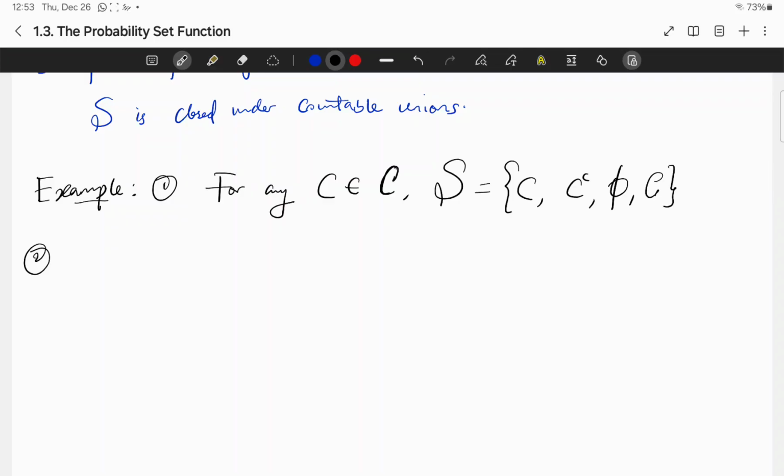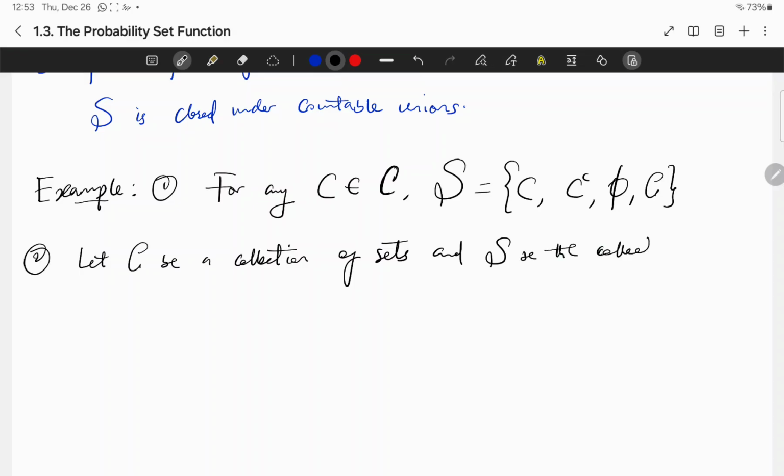And then let our fancy C be a collection of sets, and let our sigma field be the collection of all subsets of our sample space.